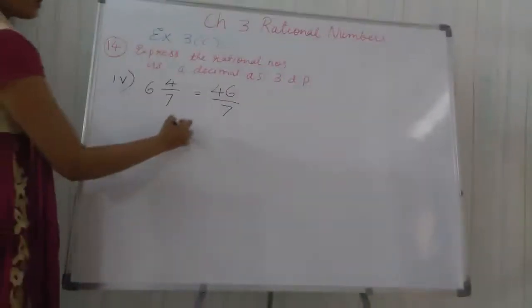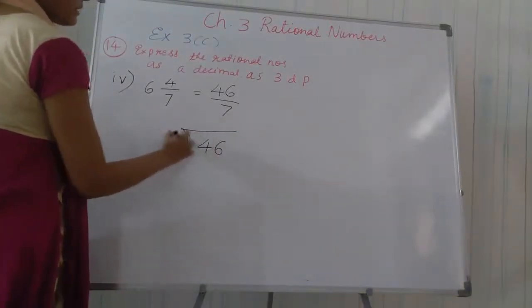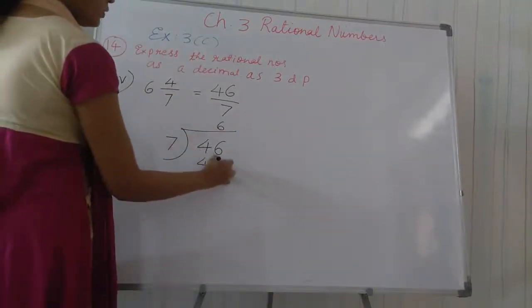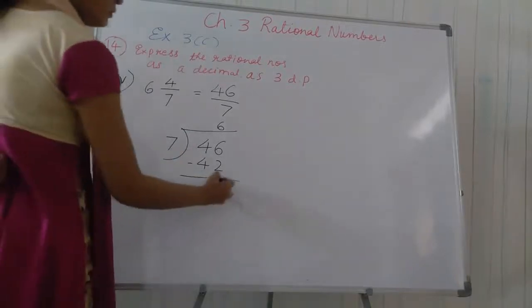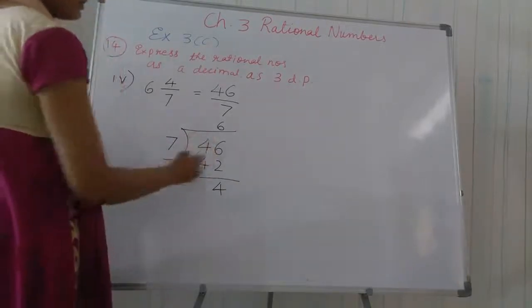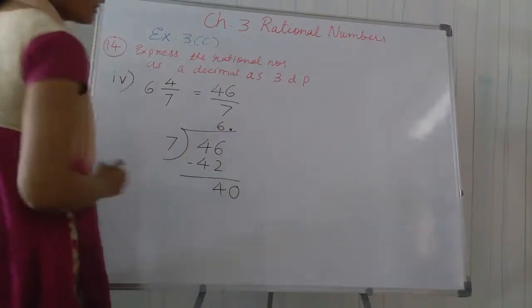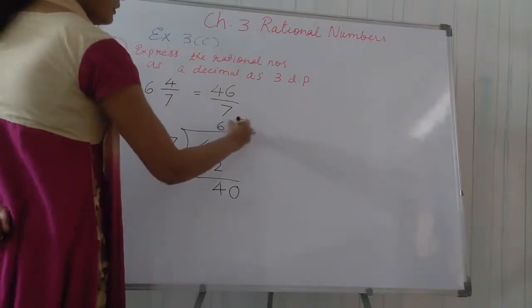Now we will show its division here. 46 divided by 7. So 7 6s are 42. Right? So now here we are left with 4. Now we put here a dot, decimal place, and here 0. 7 5s are 35.